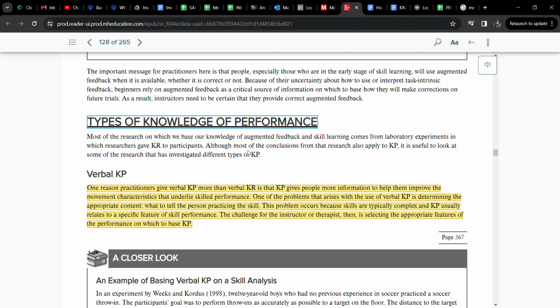It can be given to people in multitudes of different ways, either verbally, visually, or tactilely. So make sure that when you are going to teach someone something or you're learning something yourself, you have multiple ways of absorbing the information. That will help you have the most integrated learning environment for acquiring a new skill.